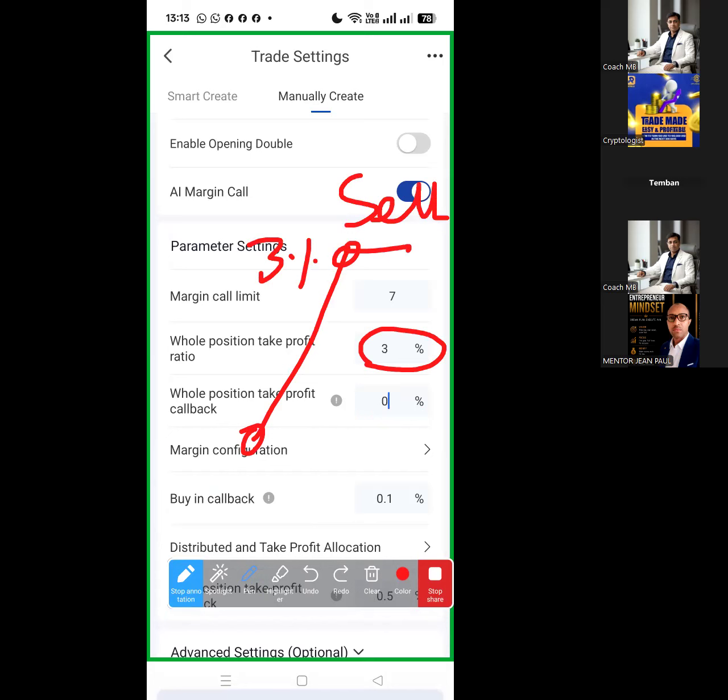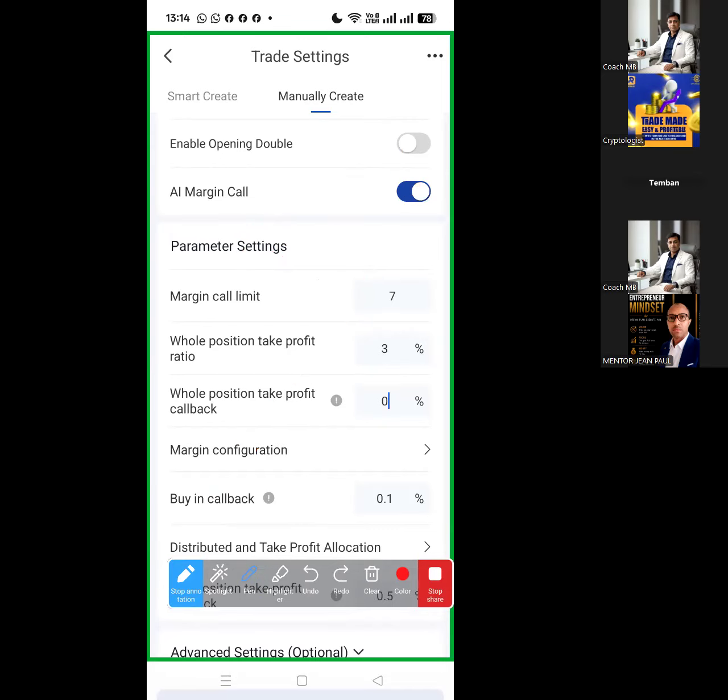It will not wait further. Even if the market is rising, you will miss the bigger profits. Even if the market is falling, it will sell for you at exactly the 3% price. Whatever trigger price you see here will be the selling price of this coin if you don't want to use this callback function. I hope this point is clear.